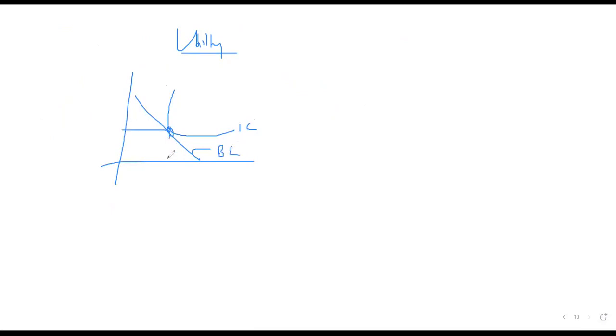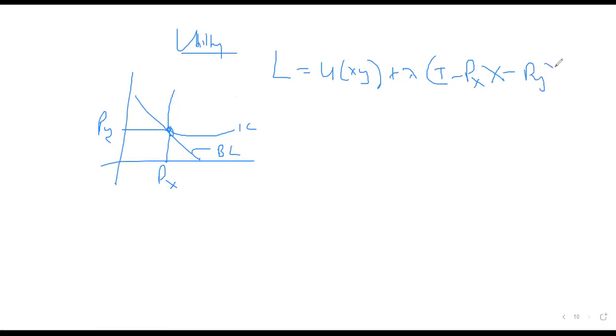This is a utility maximization point for good Y and good X. So we use what we call the Lagrangian multiplier to calculate the point at which good X and good Y are maximized. This is a long formula that you will need to know, but I'll summarize it for you in the simplest possible manner.